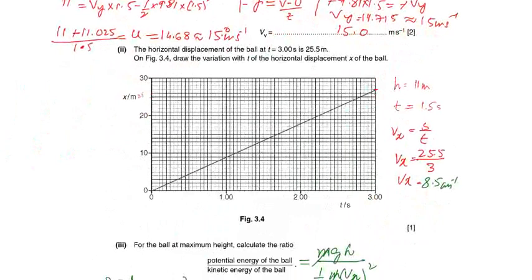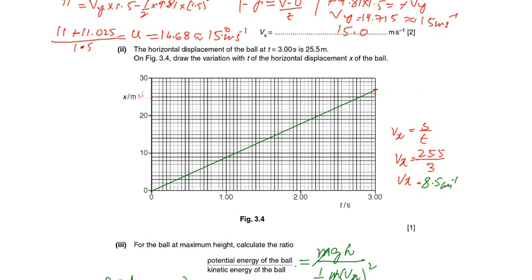We can remove h because it is for another purpose. So yes, Vx is equal to s upon t. So Vx equals 25.5 upon 3, so Vx is equal to 8.5 meters per second.